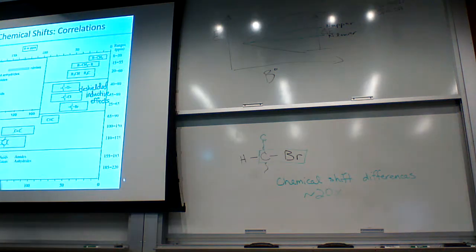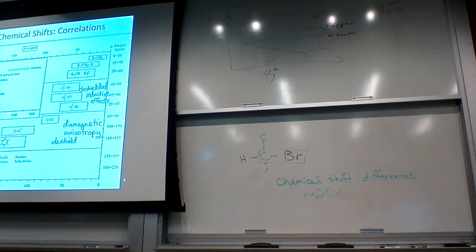Your sp2 and sp hybridized carbons have the diamagnetic anisotropy, and that's going to deshield the carbons.